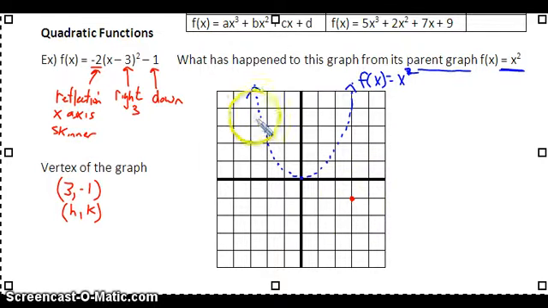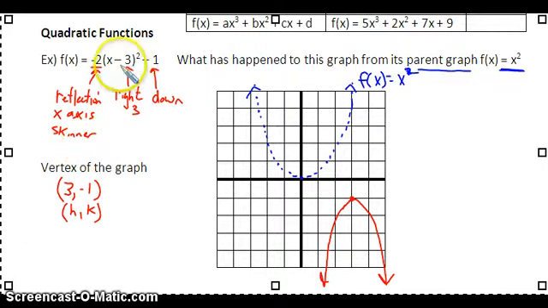So my graph is going to be skinnier than this, and it's going to be opening downward, so it's going to look something like this. And all of our degree 2 polynomials, when we graph them, are going to be this parabola shape. Whether it opens up or down is based upon whether this a value that's out in front here is positive or negative. In this case, it's negative.